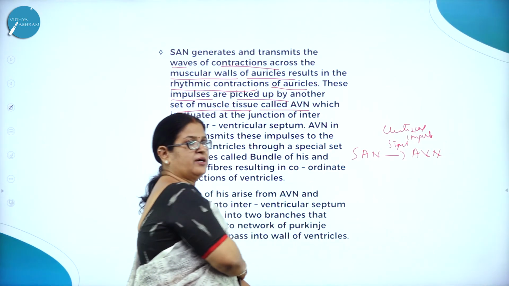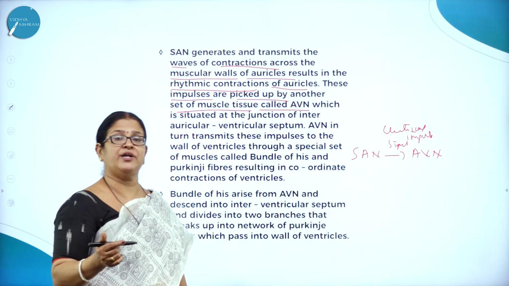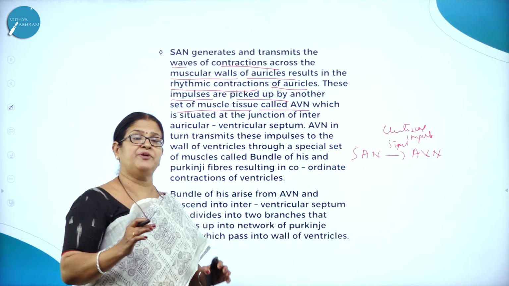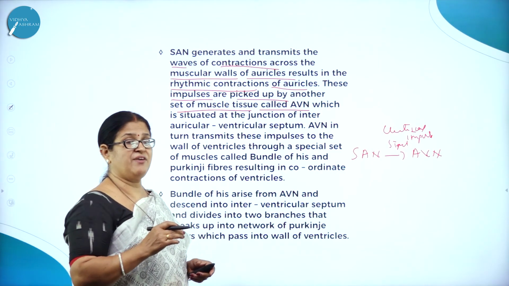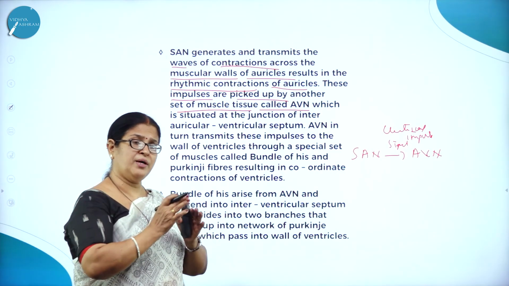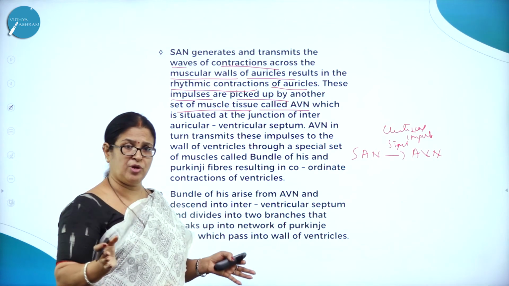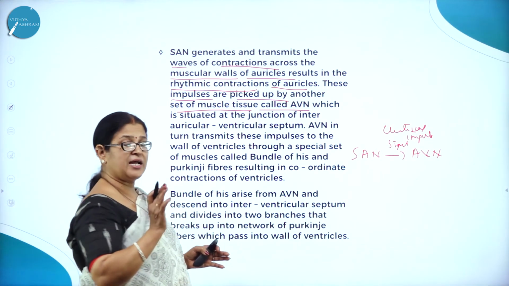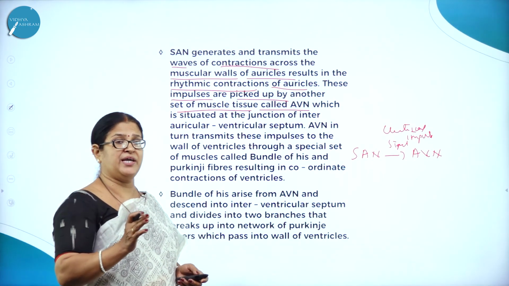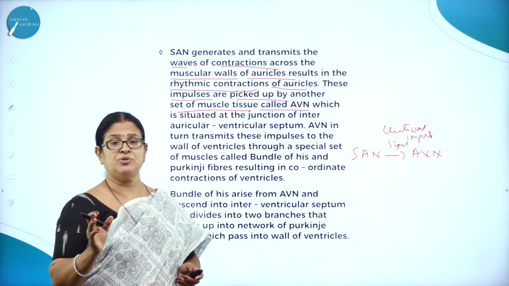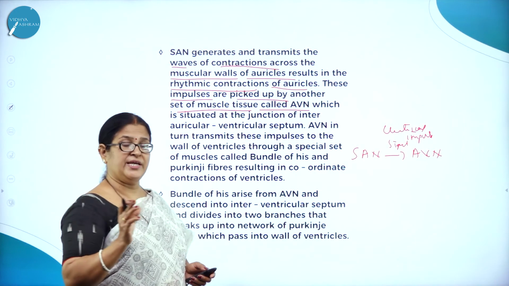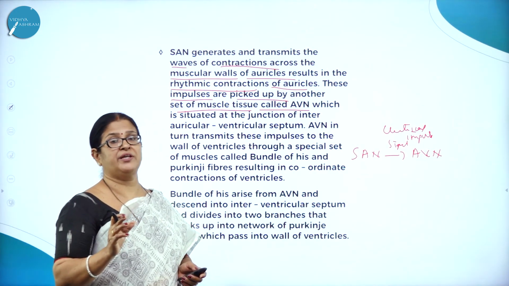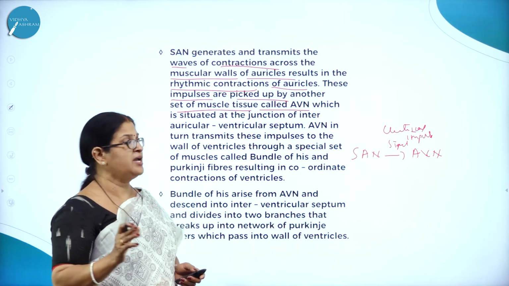The very word itself will tell you, atrioventricular node means that which is found between the auricles and the ventricles. This AVN will allow the bicuspid and tricuspid valves to open. Until and unless the signal is given by SAN, AVN will not allow the opening of the tricuspid and bicuspid valves. So SAN and AVN play a very great role in the rhythmic contraction of the heart.